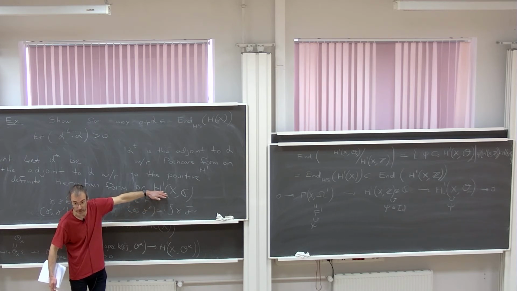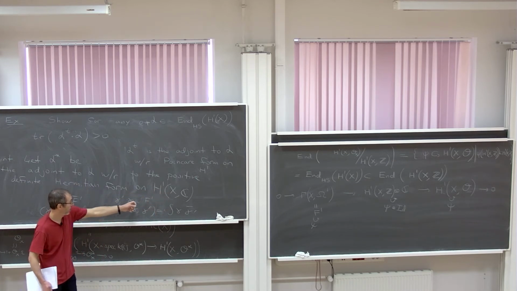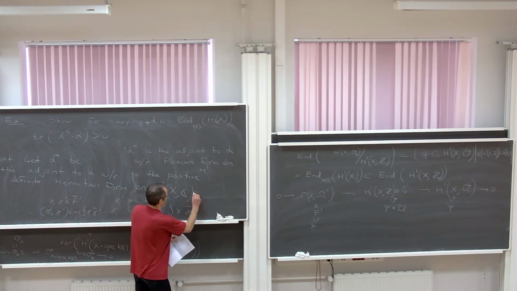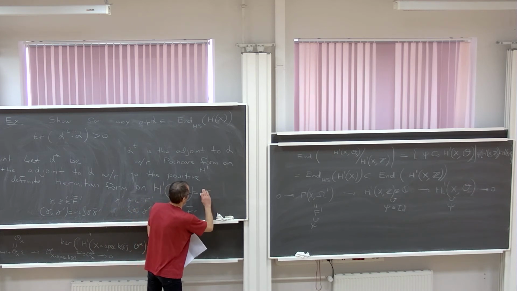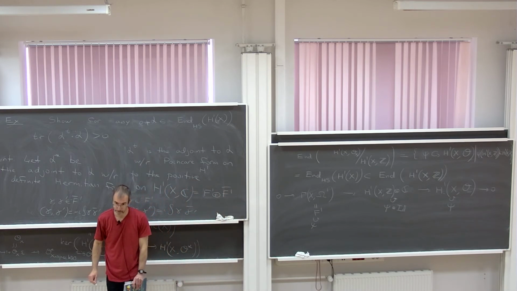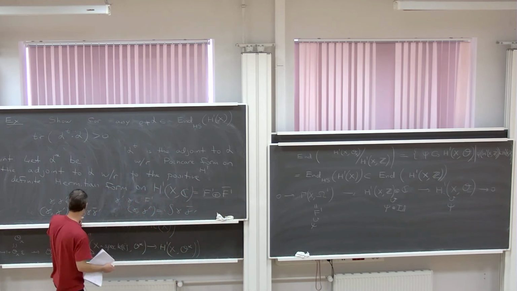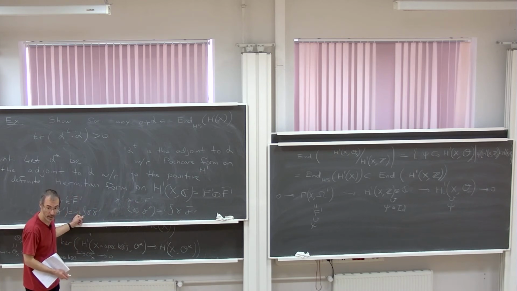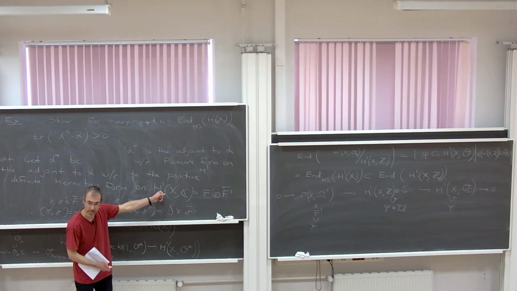It's not positive, but it's positive on F1 and on F1 bar. So by changing the sign here, I can make it positive. Yes? So this space has a positive definite Hermitian form.